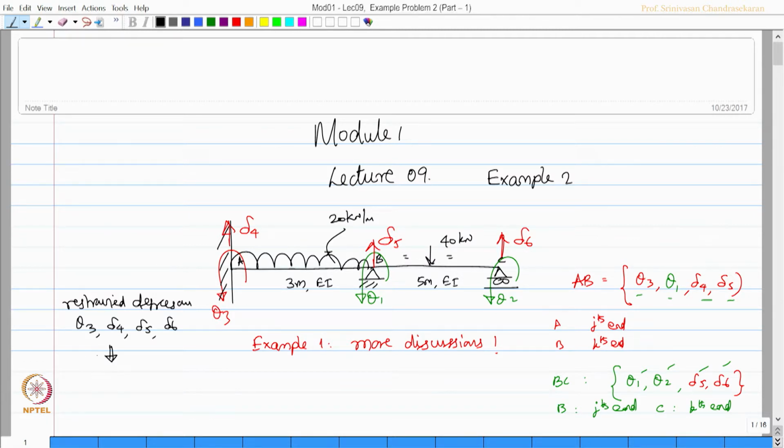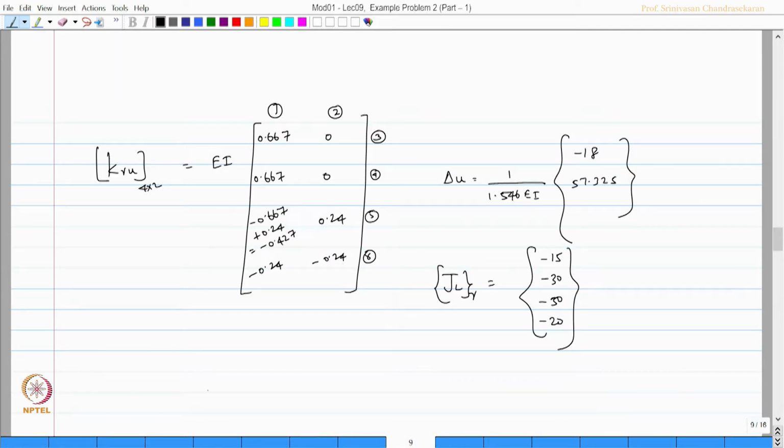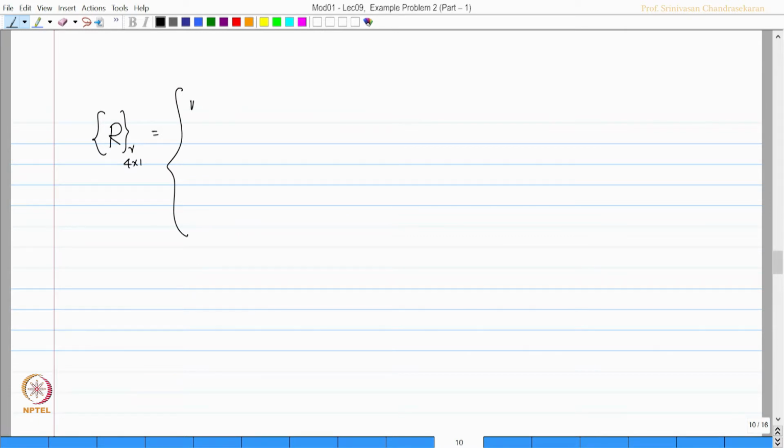Correspondingly, the reactions will be M3, V4, V5 and V6.